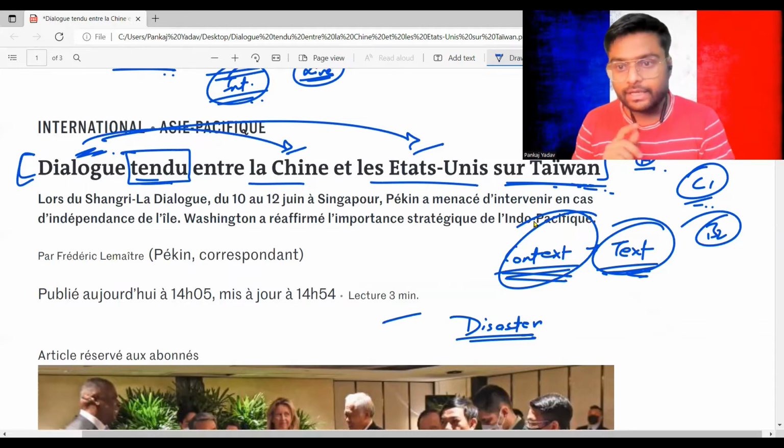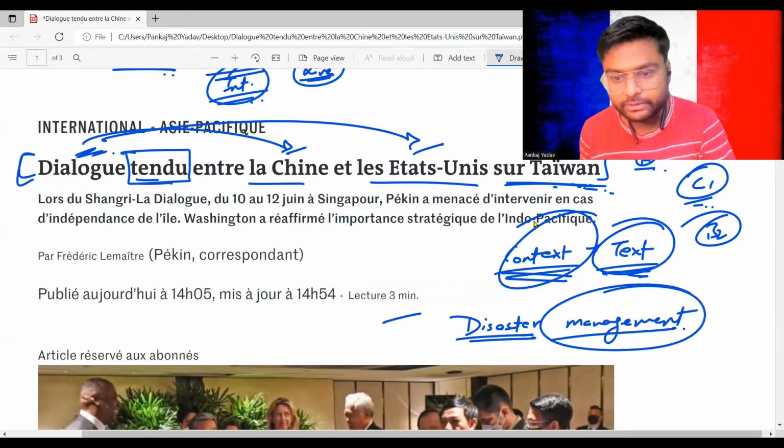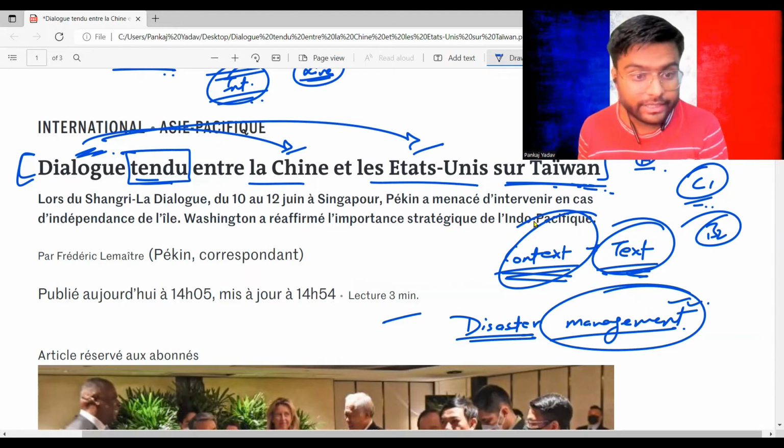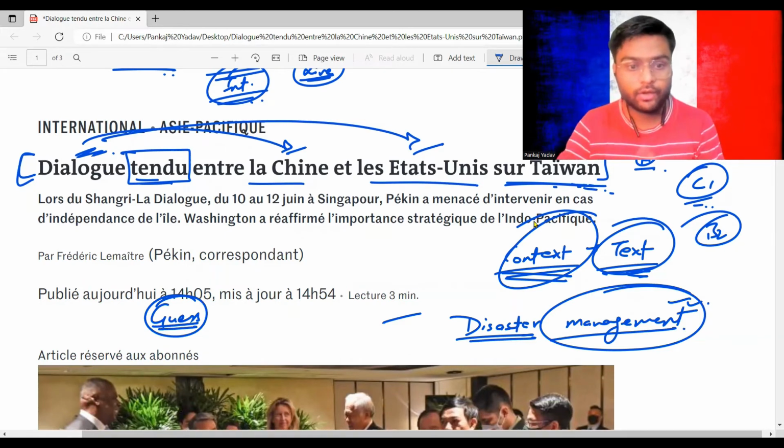But in the shortest time span, what you can do is disaster management. This is more important. So try to guess the exact or the correct meaning.